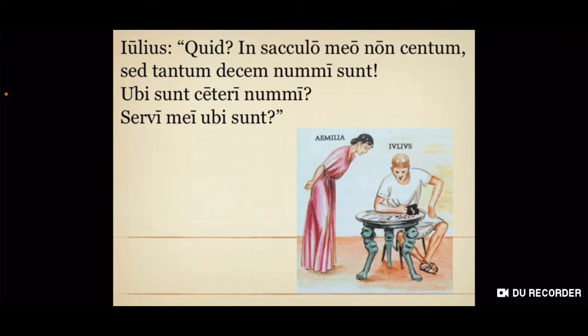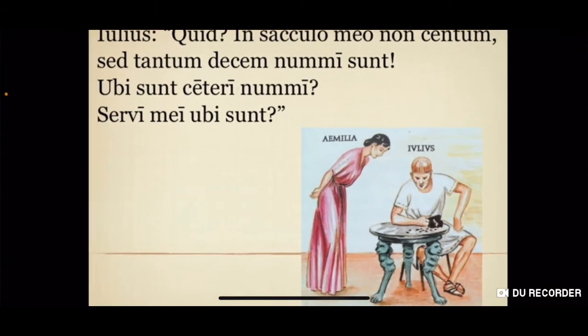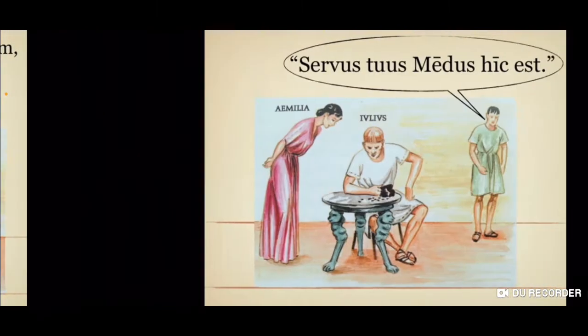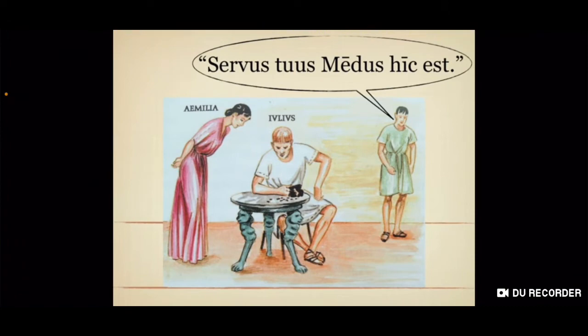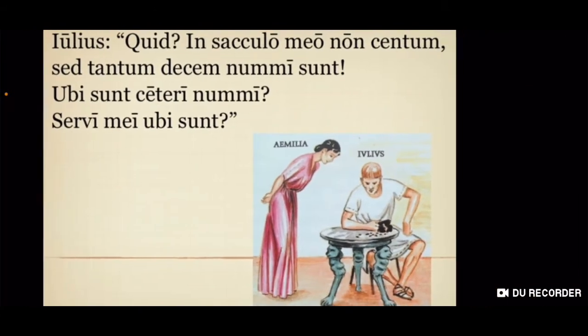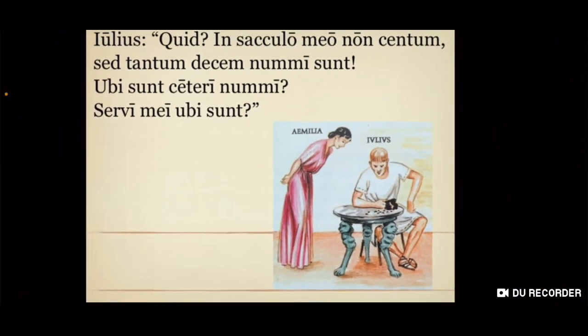Where are the other coins? Ceteri. Servi mei ubi sunt? Where are my slaves? So yeah, my slaves, of mine will be different. So we are my slaves, our servants.